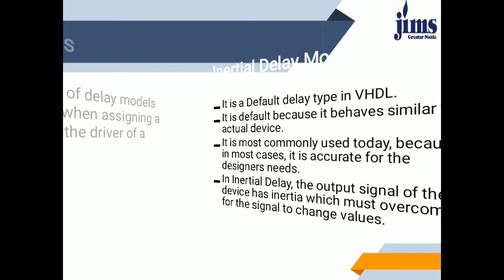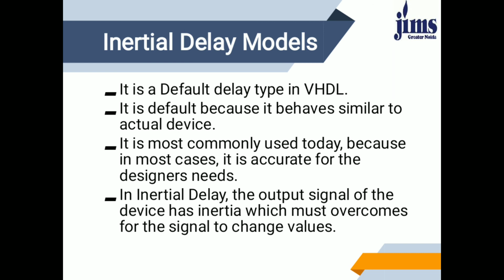Now, if we talk about the inertial delay model, what is the need of inertial delay? What is inertial delay? It's the default delay type in VHDL. It's default because it behaves similar to an actual device. It is most commonly used today because in most cases it is accurate for the designer's need.